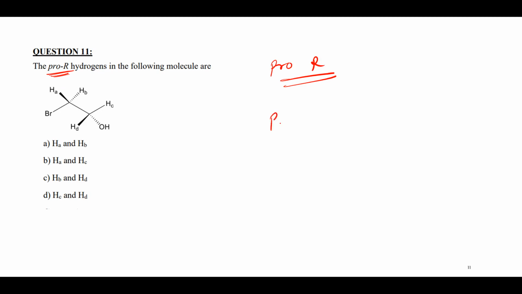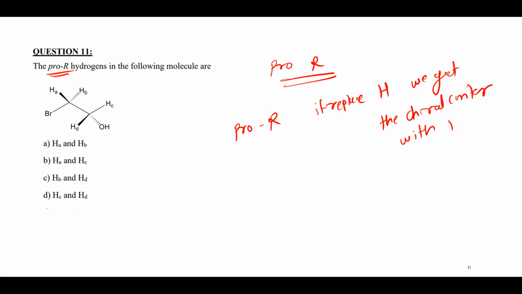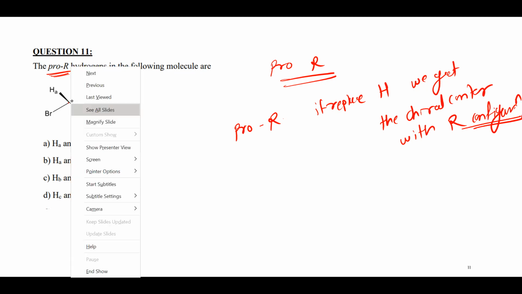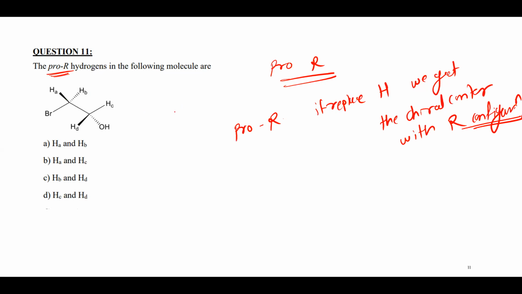If you replace one hydrogen, ignore the spelling, so if you replace, let's say in this center, the hydrogen by deuterium, what will be the configuration now for this center? So 1, 2, and 3. It is S.